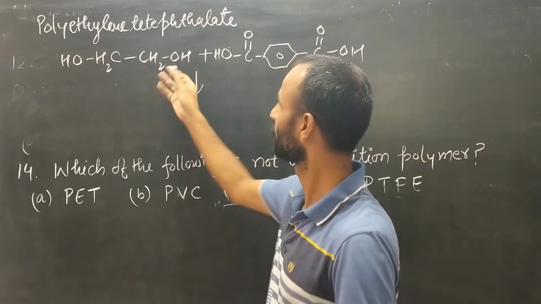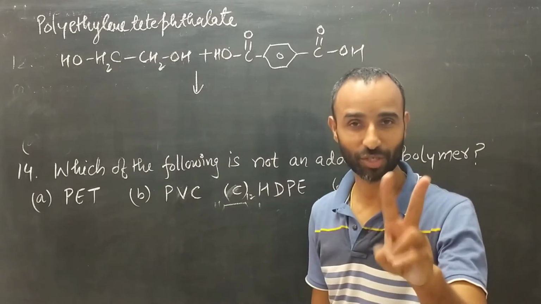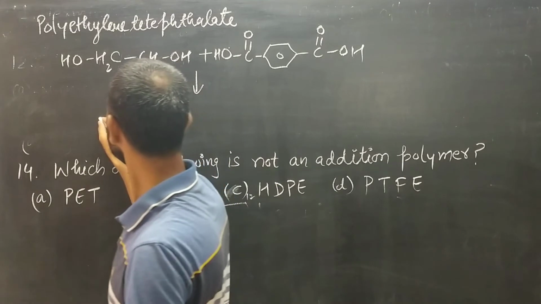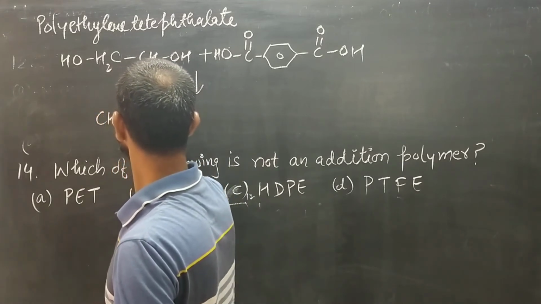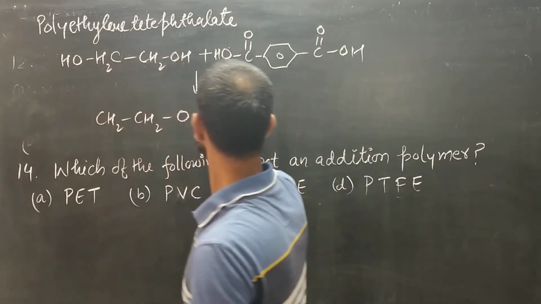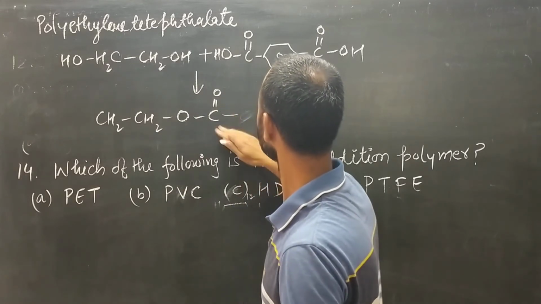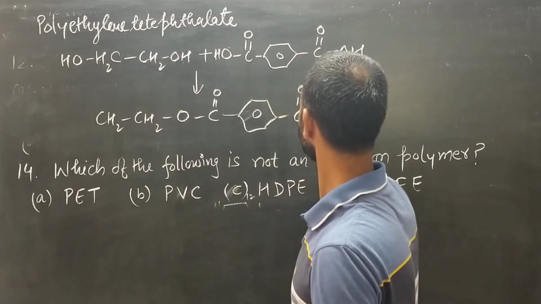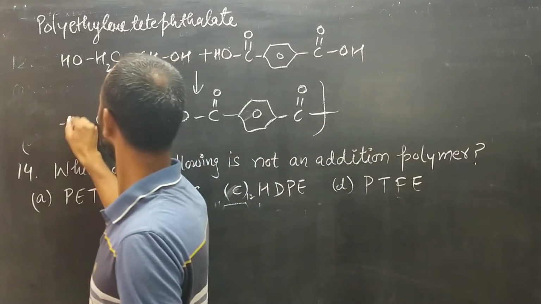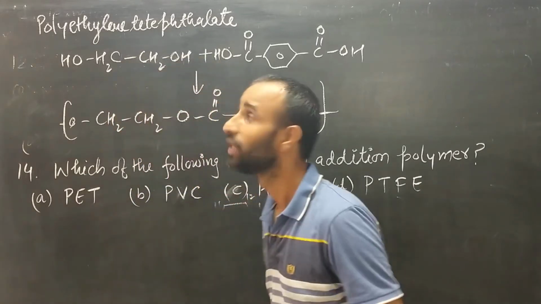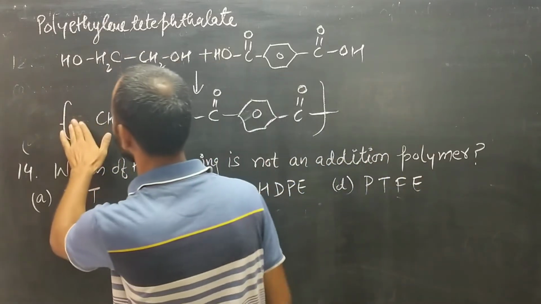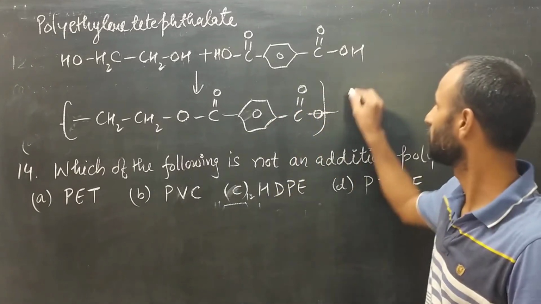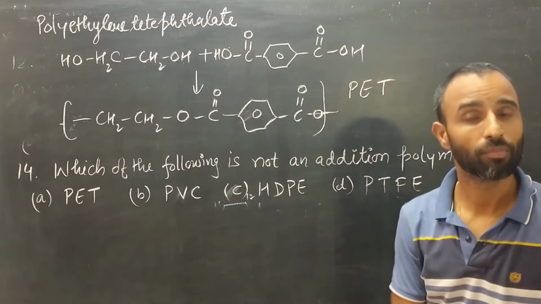See, there are 2 functional groups, the requirement for condensation polymerization. So we get O, CH2, CH2, O, C double bond O, and in this way we get the desired product. So PET is a condensation polymer.